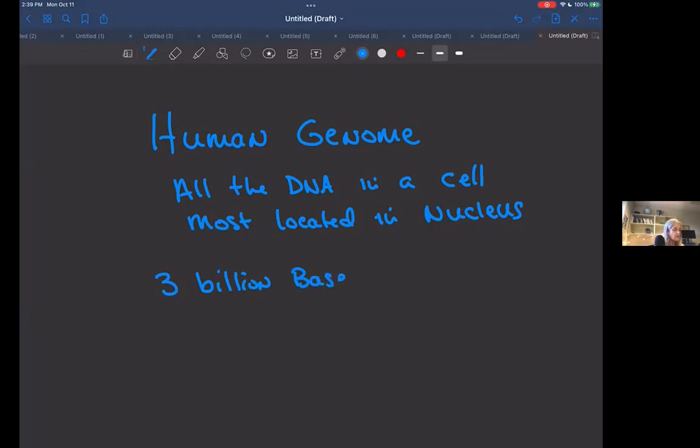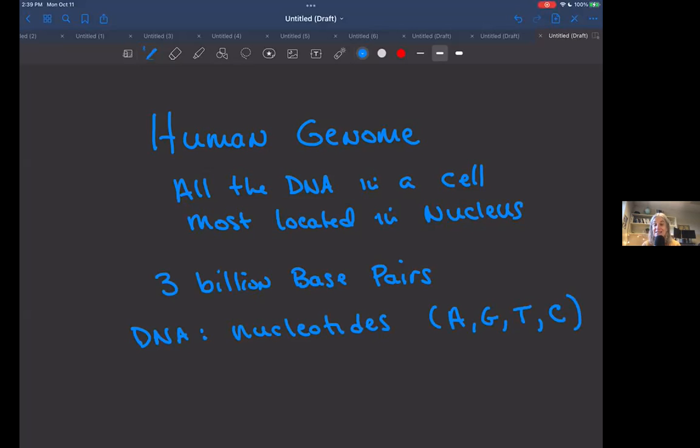So this human genome is 3 billion base pairs. So what does that mean? That means that our DNA is composed of nucleotides, and I'm sure you have heard of the letters. So this would be like A, G, T, C. Those are abbreviations for adenine, guanine, thymine, and cytosine.